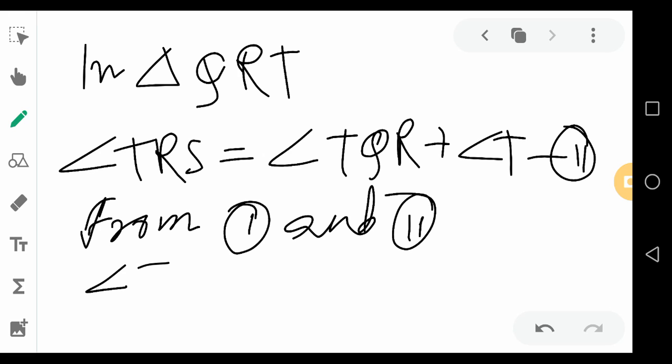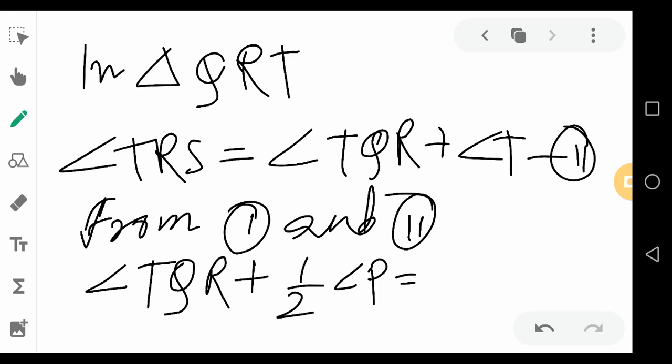We can write TQR plus 1 by 2 P, from equation 1.